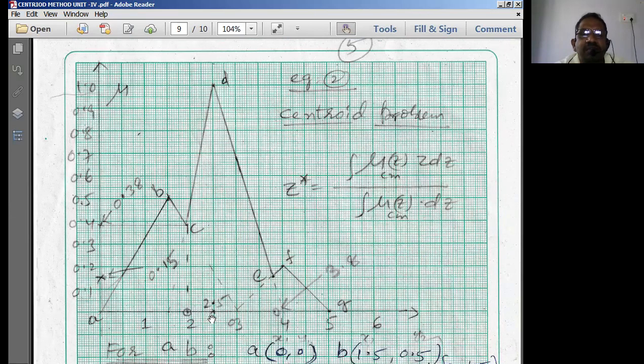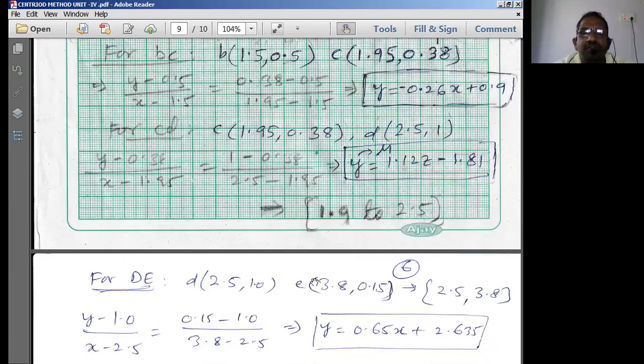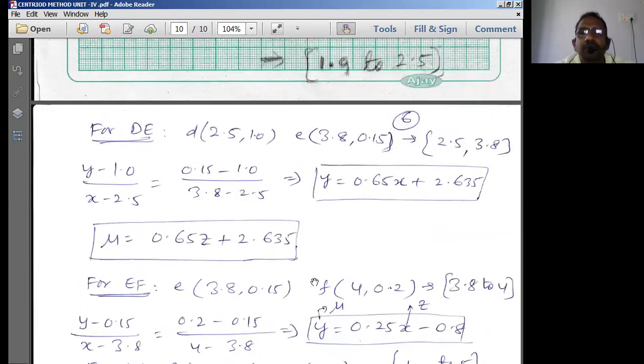This is what we have written over here. Once again, apply the straight line equation with x1, y1, x2, y2. By substituting all that, we get y is equal to 0.65x plus 2.635.